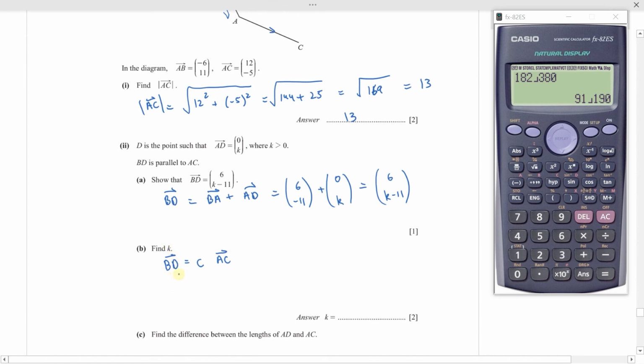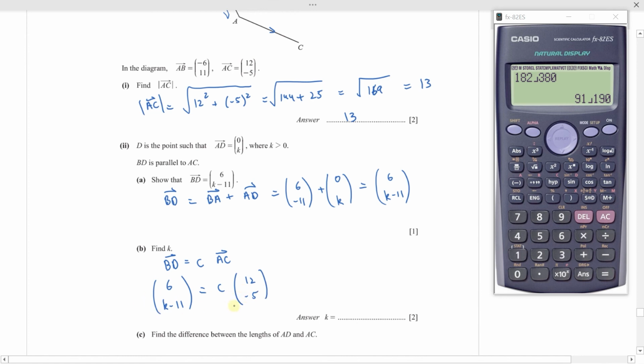We have studied that once we know that two vectors are parallel, one vector can be equal to some constant times the other vector, only when they are parallel. So we are given that BD is parallel to AC. So what is BD? BD is this, 6, K minus 11, and C times AC is 12, minus 5.